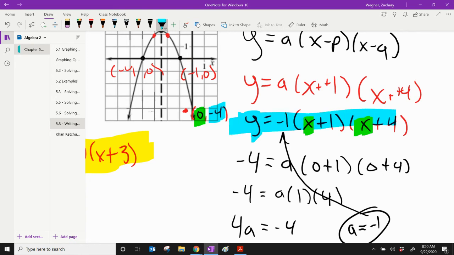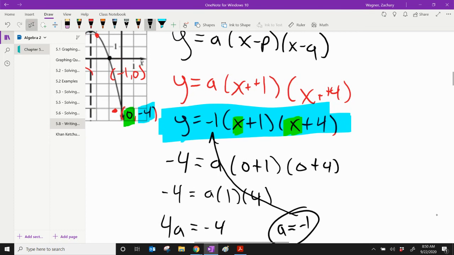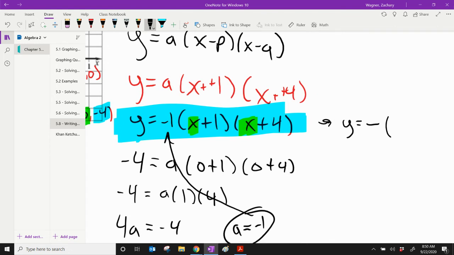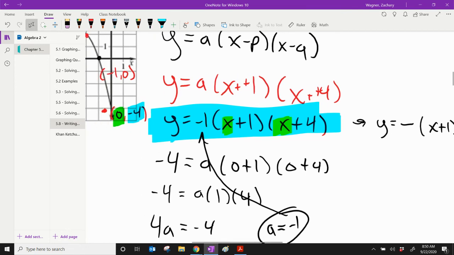Now you can leave a negative 1. You can also just rewrite it as negative. What you could write is y equals the opposite of x plus 1 times x plus 4. And that is intercept form. Very nice. We move on.